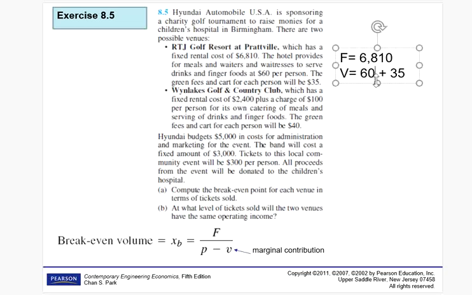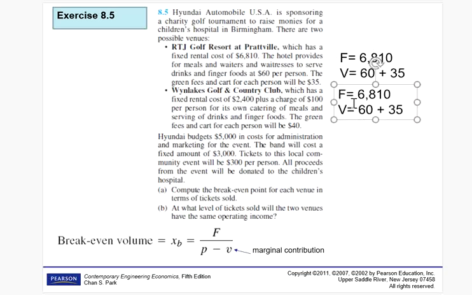Similarly, we can check it for the second venue. The fixed cost is 2,400, and the variable cost is 100 plus 40.